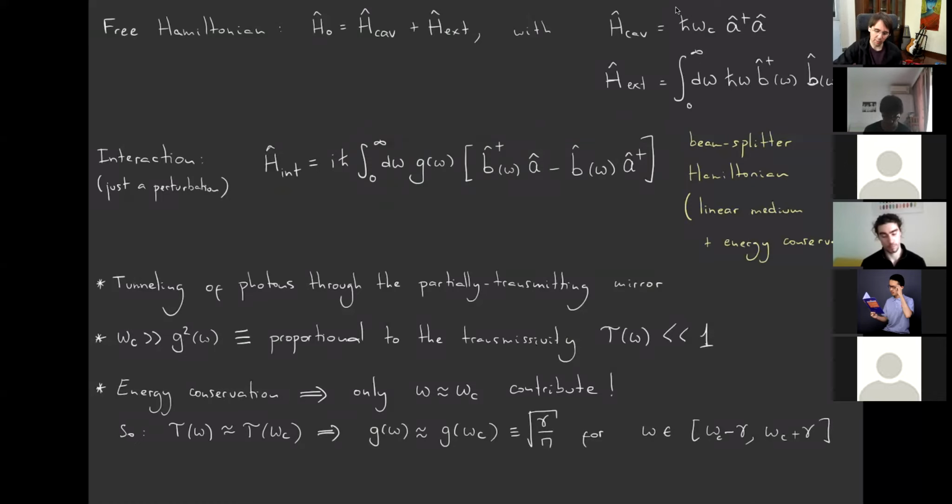So in particular, what I am saying is that the coupling G, in particular its square, determines the width of the frequencies that couple effectively to the cavity. And we will see that all these things are self-consistently correct.